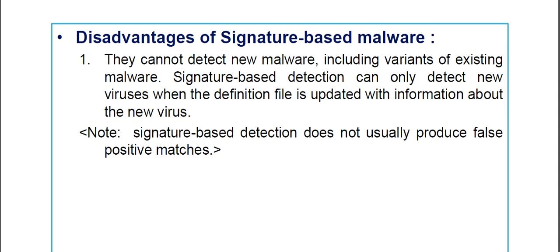Signature based detection can only detect new viruses when the definition file is updated with information about the new virus. Means you have to regularly update your antivirus. Day by day, the number of different threats is increasing, so this may be treated as a disadvantage of signature-based detection. But you have to note down that it does not usually provide false positive matches. Whenever it provides some reports, then this is exactly correct.